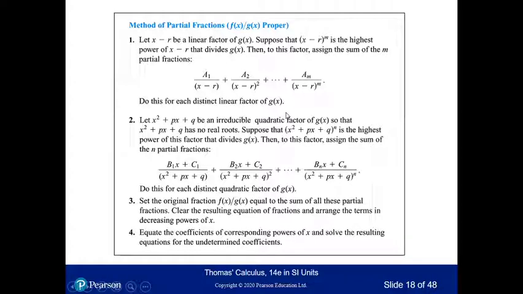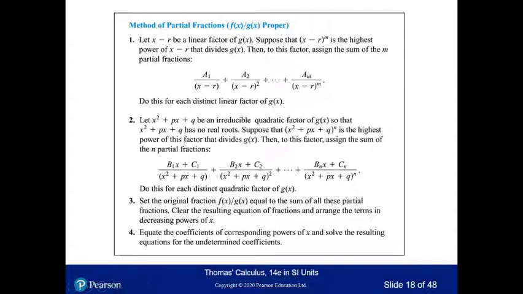Let's say g might have an irreducible quadratic factor like x squared plus px plus q, which is irreducible. You won't be able to factor it into linear factors. In other words, x squared plus px plus q has no real roots.